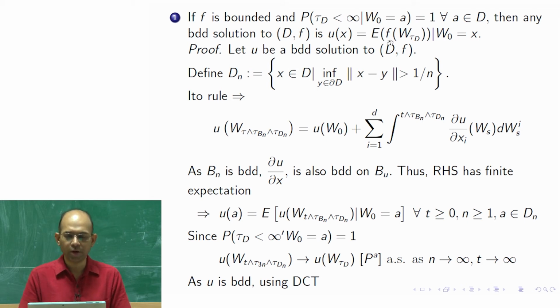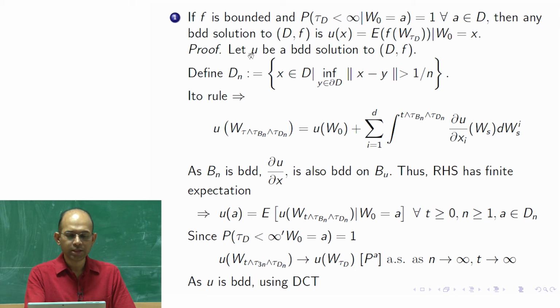Even if the boundary data is bounded, when the domain is unbounded we cannot assure that the solution would be bounded; there could be many unbounded solutions. We are going to see a very specific example after completing this proof. So here we consider the bounded solution only.